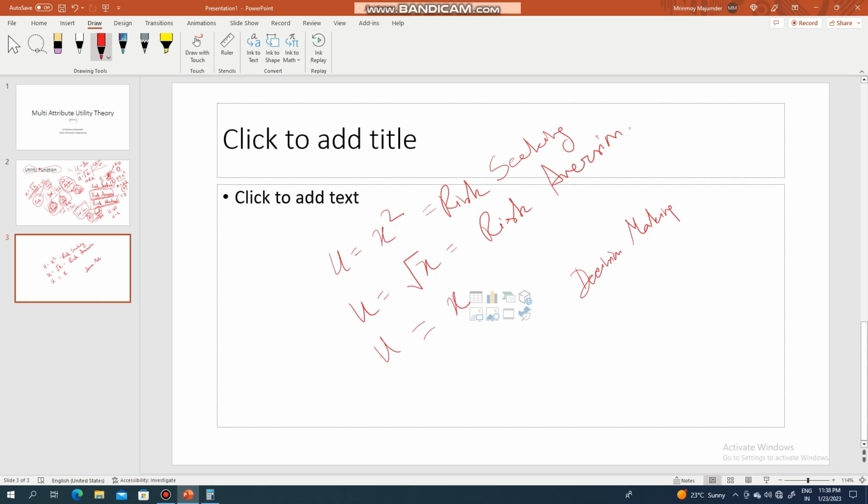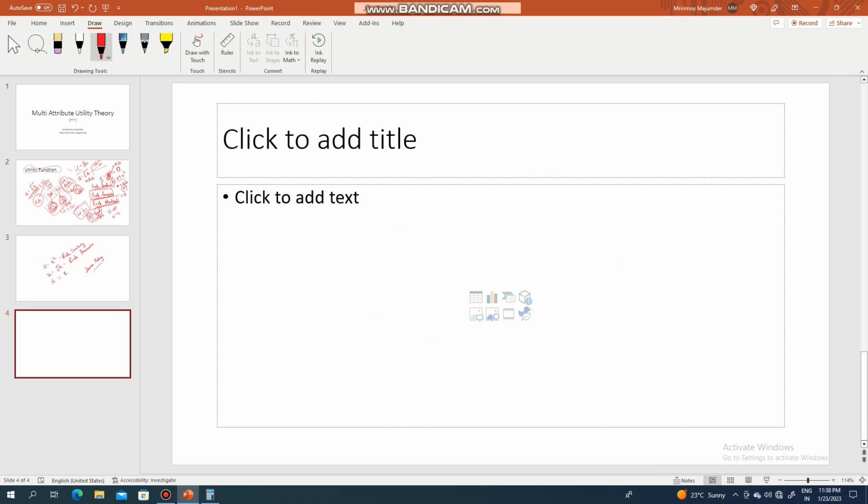And in case of multi-attribute utility theory, the procedure is like this. Suppose you want to go to a shop and purchase a car, and you have been provided three options.